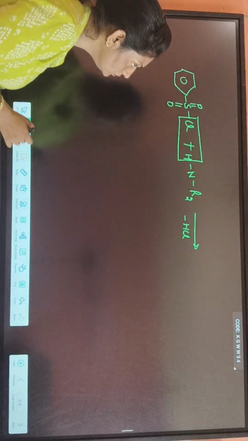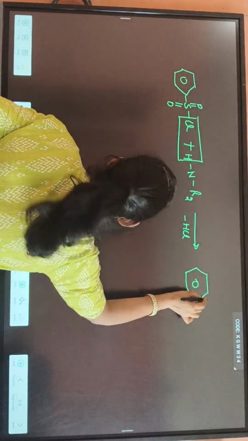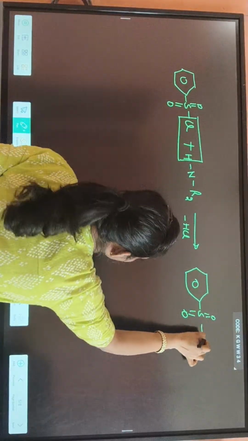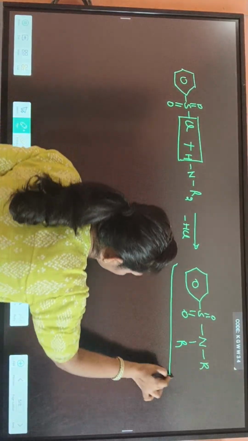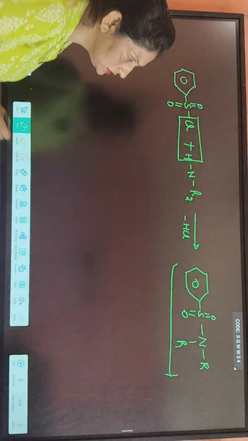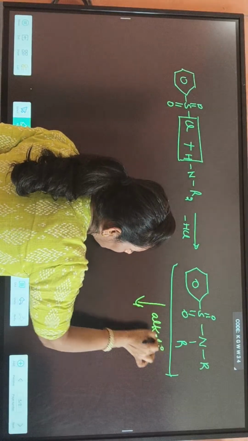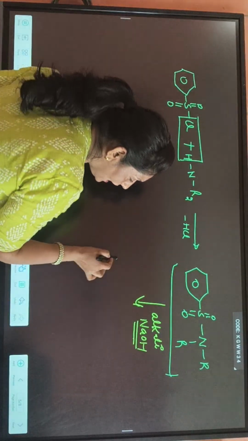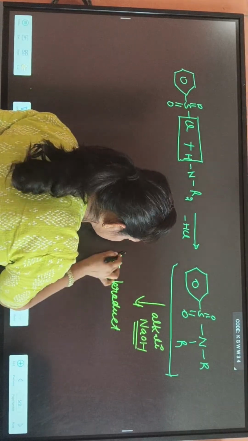You will remove HCl and the product you will get is like this, S double bond O NR2. Now student, this product you get, if you add alkali to this, then you do not get any product, no soluble salt here.